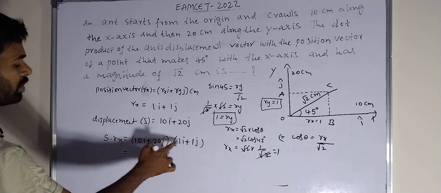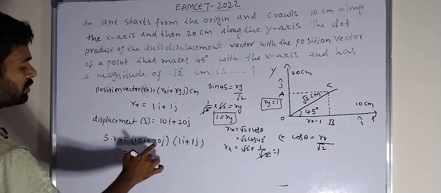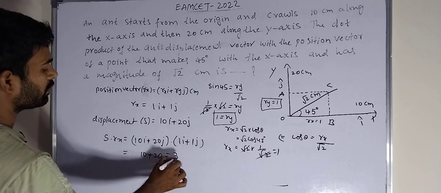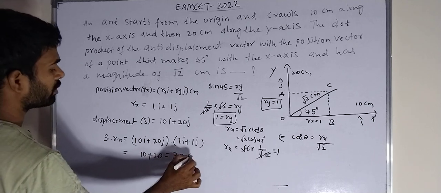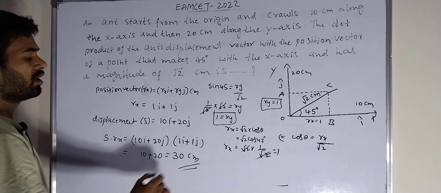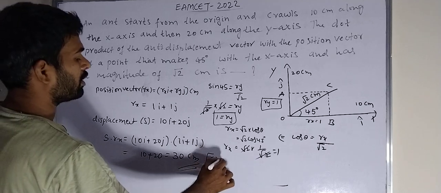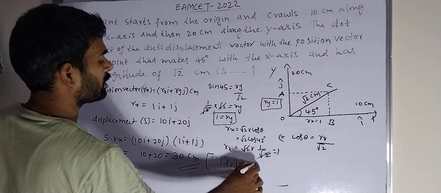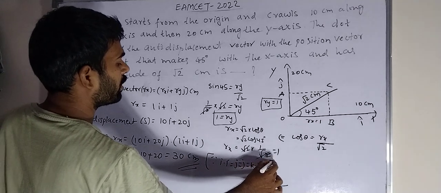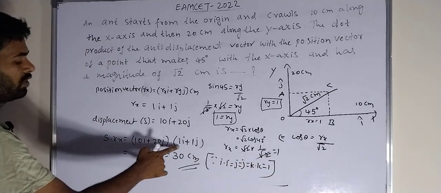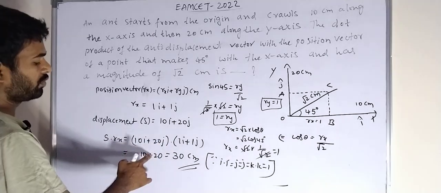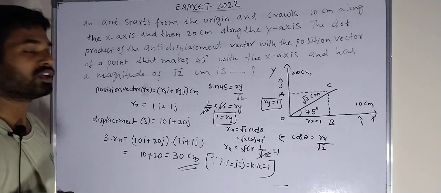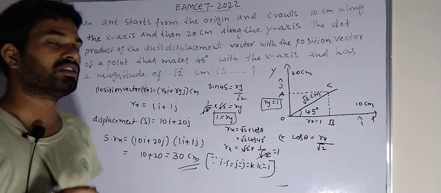So 10 into 1 is 10, 20 into 1 is 20. So 10 plus 20 will be 30. Here i dot i equals j dot j equals k dot k equals 1 always. So 10 into 1 is 10, i dot i is 1, plus 20 into 1 is 20, j dot j is 1. 10 plus 20 equals 30. That is our answer, 30 centimeter.